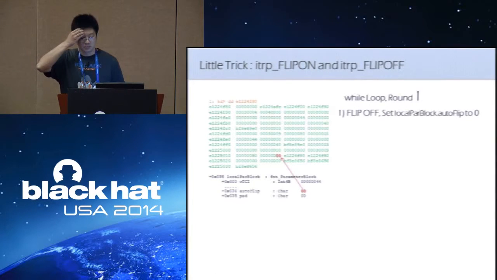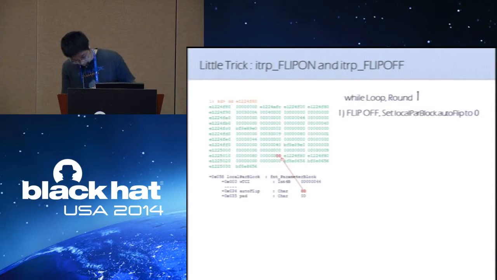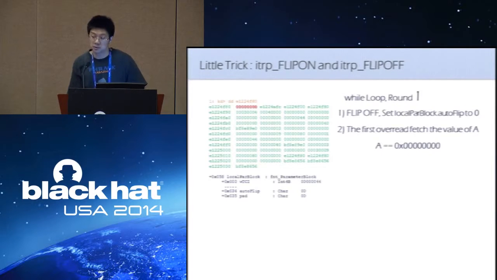So the trick is, when the loop goes around and around, each round goes like this. First, the malware executes the instruction flip off. Flip off means set to 0. Second, use the first overread to fetch the value of A, the first address.